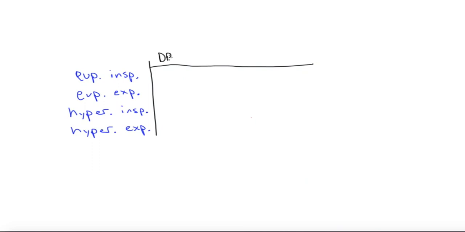We have our DRG, and the DRG only contains inspiratory neurons. We have the VRG, and it has both inspiratory neurons, so the little I here for the inspiratory portions of the VRG, and the VRG expiratory neurons, so we're going to put a little E down here.